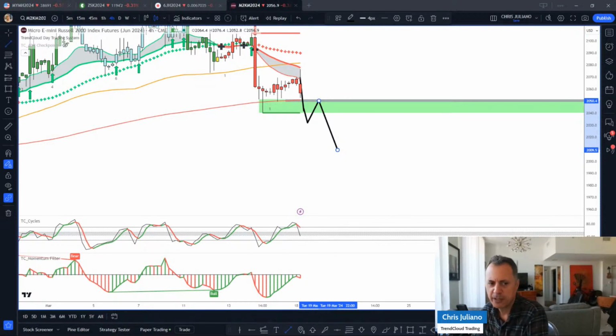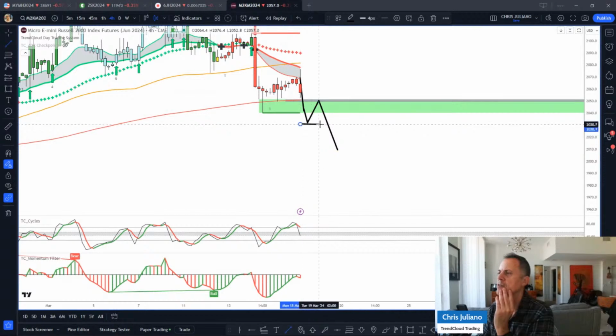That's a possibility, especially with all this momentum and trend to the downside, right? So you've got two scenarios here that you're watching for. And you can see that take place on the low time frame as well.